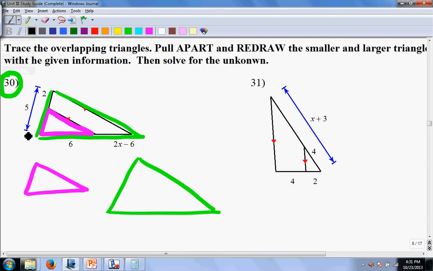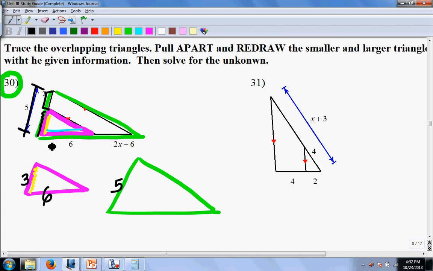So this, let's do the long one first. From here to here is 5. Now careful, from here to here is not 5, nor is it 2. If that's 2 and this is 5, that means this right here is going to be 3. This, of course, is 6.